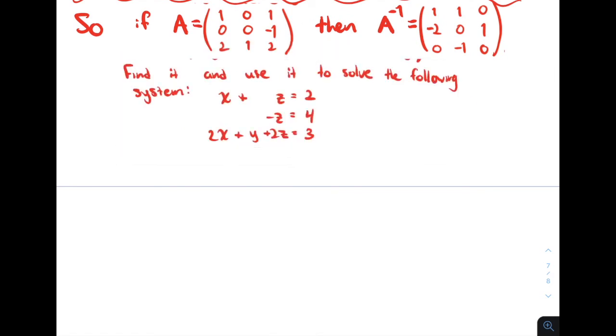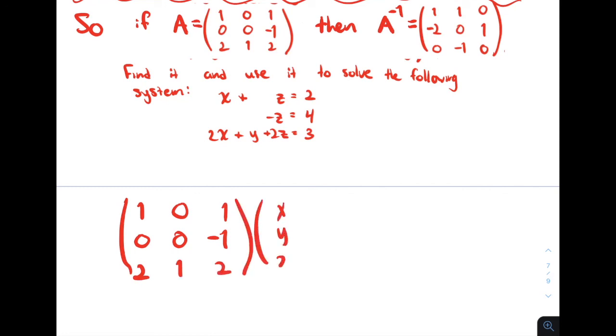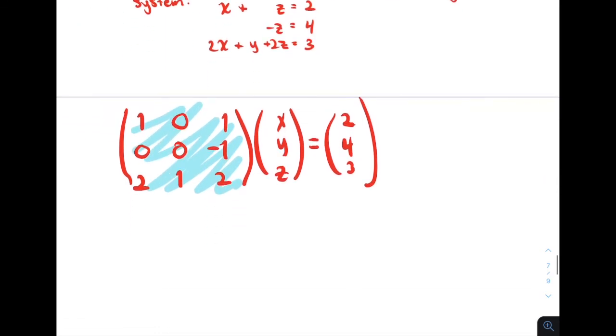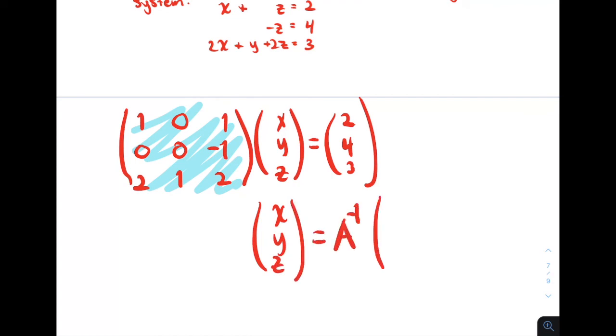To use this information to solve for this given system, we'll recognize that this system can be expressed as 1, 0, 1, 0, 0, negative 1, 2, 1, 2 times x, y, z equals 2, 4, 3. Because this is exactly what A was, we can find that x, y, z will equal A inverse times 2, 4, 3.